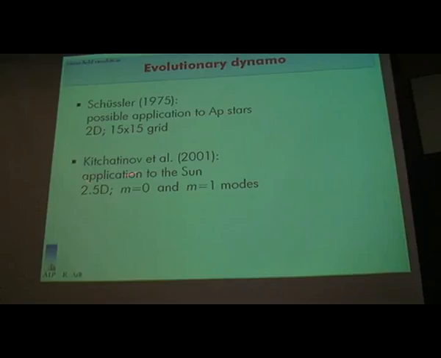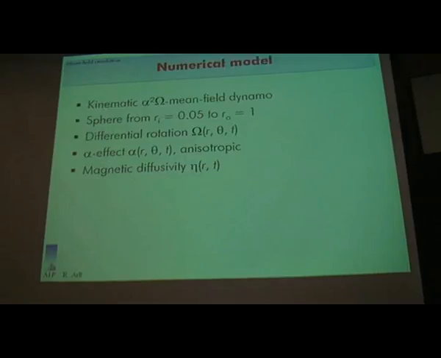Then Leonid Kitchatinov applied that to the Sun for m equals 0 and m equals 1 modes. He wanted to see whether there is a remaining field in the core of the Sun, which would add to his explanation of the tachocline of the Sun. And now we try this with some more massive stars, like these A stars.